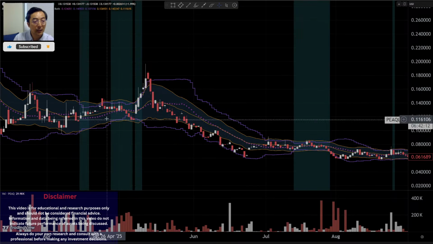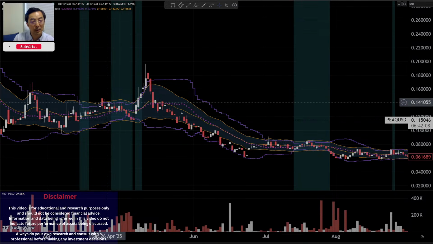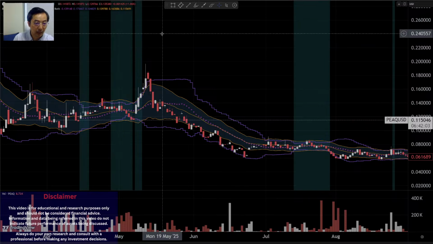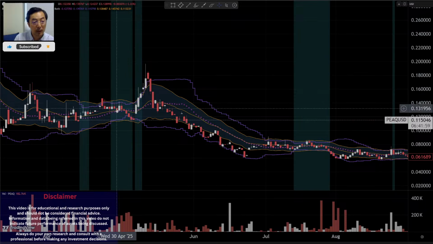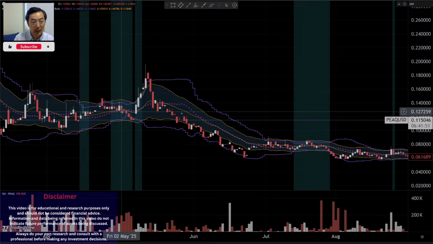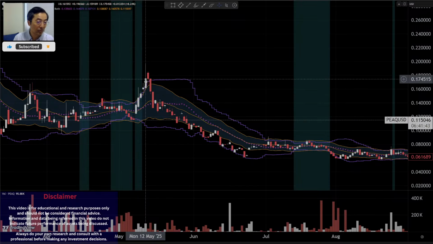For me, I consider that when the purple lines are getting close enough or touching the orange, even though the shades haven't appeared on the chart yet, I'll consider a squeeze is happening. So back in late April, it started right over there. April 28th, the squeeze started, and then eventually it went to the downside, and then when the squeeze force finally released, it swung back to the other side of the channel.